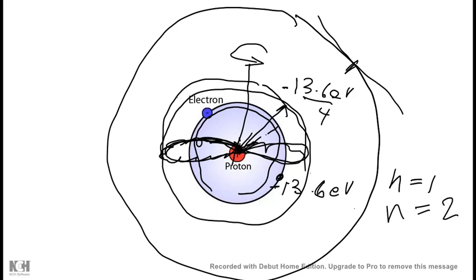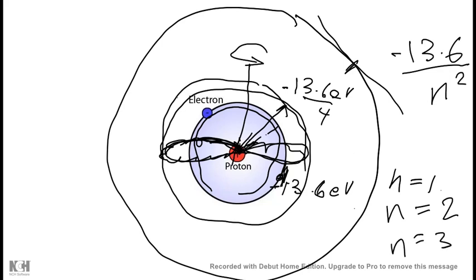So n equals 2. It's gone from the first shell at n equals 1. And what we get is always minus 13.6 electron volts divided by n squared. So in the first one, n equals 1, so it's minus 13.6. Second one, n equals 2. If we went out to the next one, n equals 3, it would be 13.6 divided by 9.